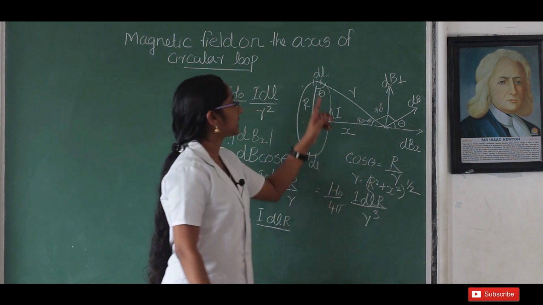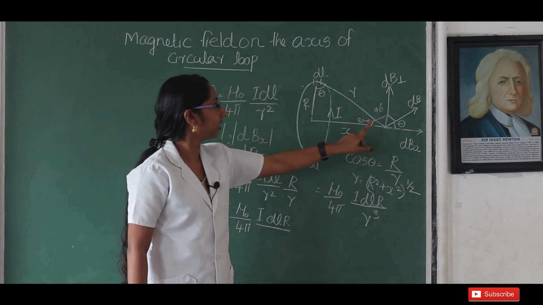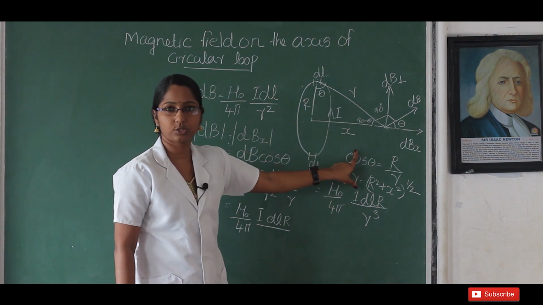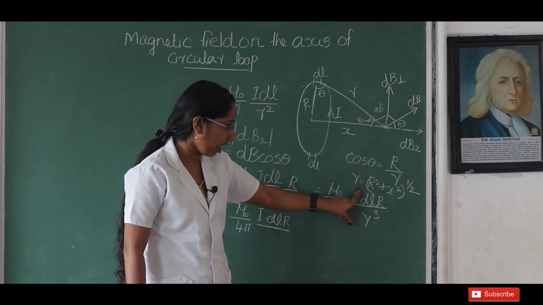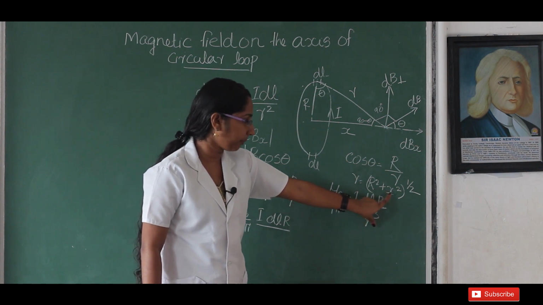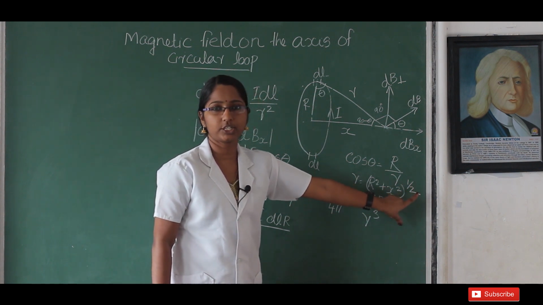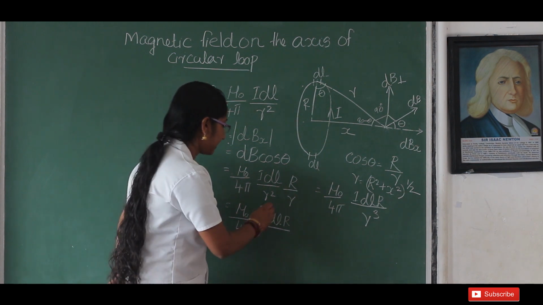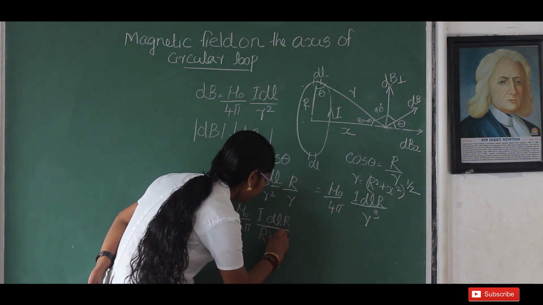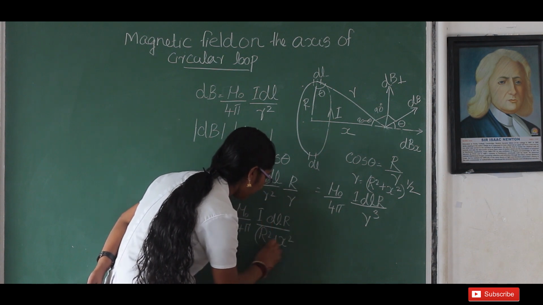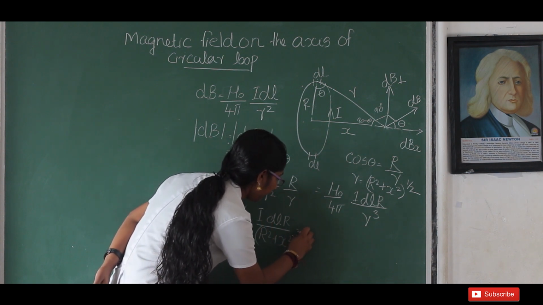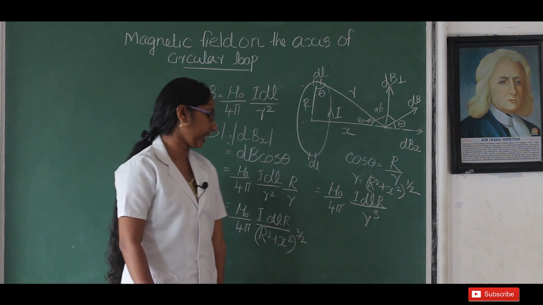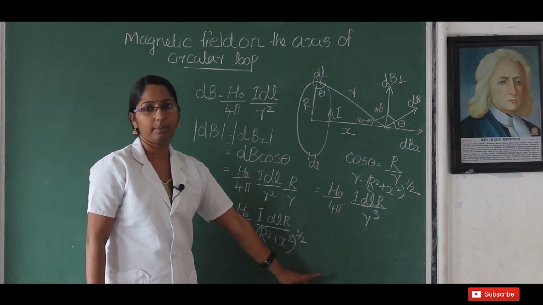Because we know this r is our hypotenuse, then r square equals r square plus x square, and if you are taking r, it is r square plus x square all raised to half. Then on substituting here, we get r square plus x square all raised to 3 by 2, because it is 1 by 2 into 3. Then it becomes 3 by 2.